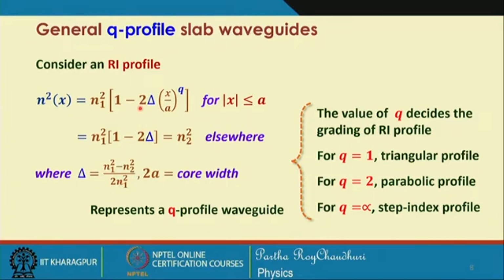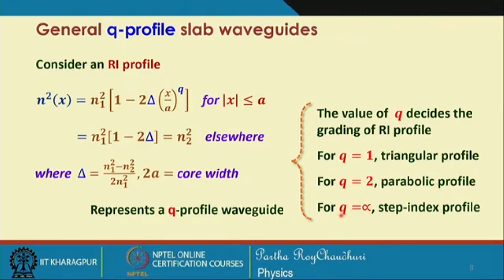We can reduce this general mathematical expression to any particular profile which we want by simply putting, for example, q equal to 1, which will give you a linear profile, and we have called this the triangular profile. If you put q equal to 1, it simply becomes a linear function, and if you put q equal to 2, it becomes a parabolic function. It can assume any value between 1 and 2 as well, which is not exactly parabolic and also not linear, but somewhere in between.